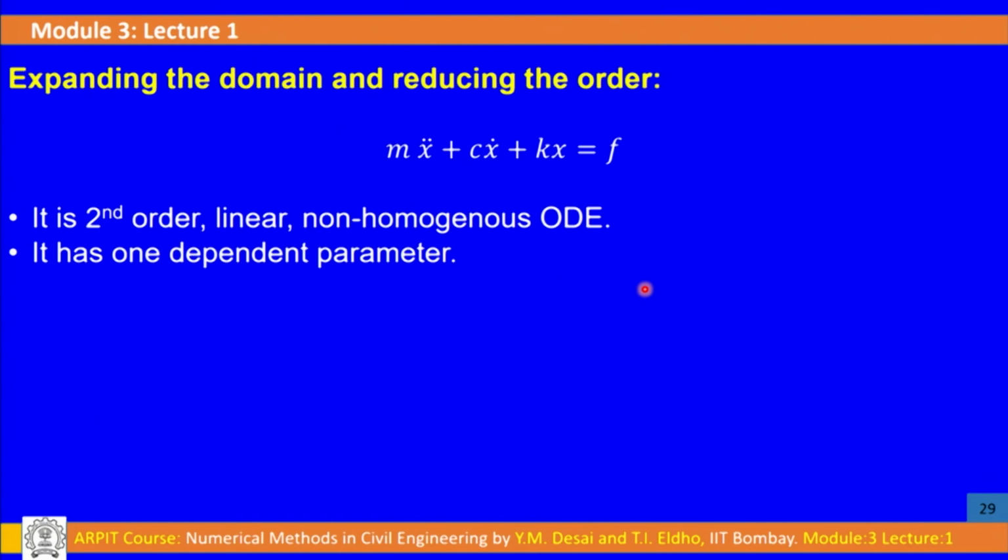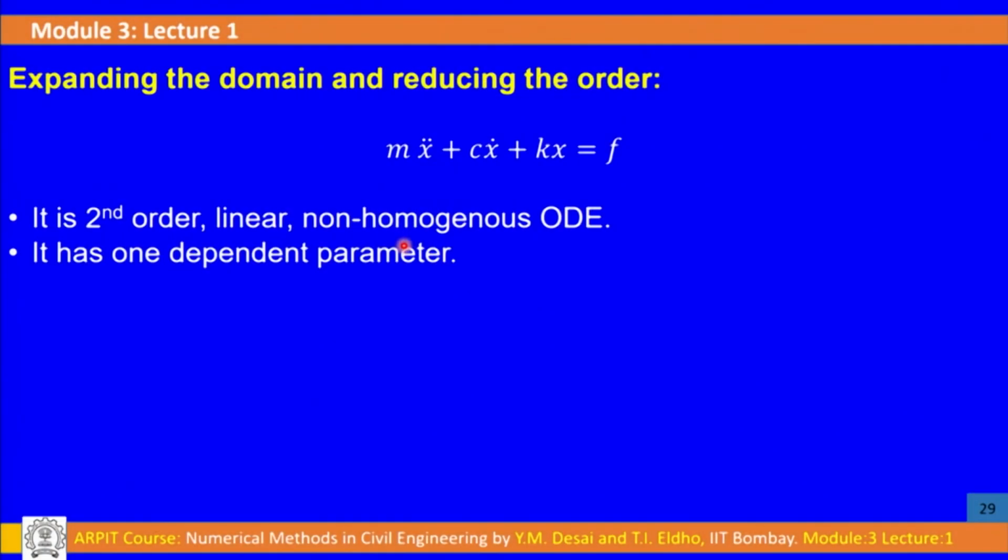Other important thing I would like to mention here, many a times we play with order of differentiation. Depending upon the methods available with us to solve a given order differential equation, we either expand the space or reduce the space. So, basically we play with order of differential equation.